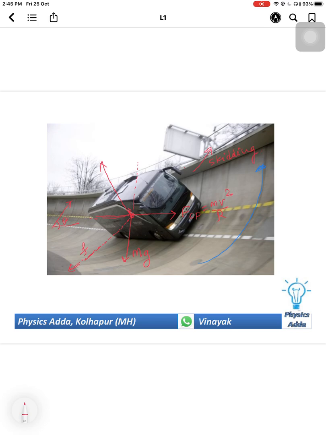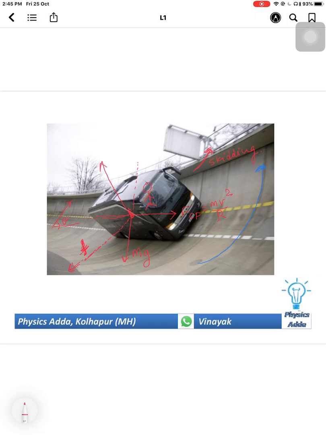And if the observer is sitting in the bus, you'll find that skidding is outward. Then what is friction? Friction has direction opposite to the relative motion, or it opposes the relative motion or tendency of relative motion.